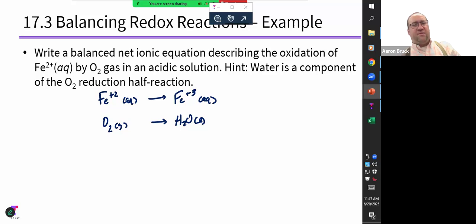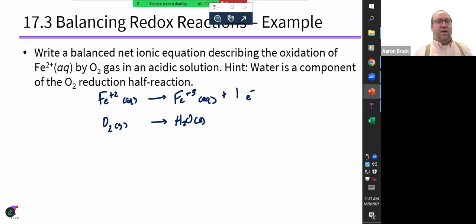Total charge on this side is +2. Total charge on this side is +3. How do I balance out the charge? Where do I need to put the electrons and how many do I need? Okay, 1 electron to the product, that's correct.